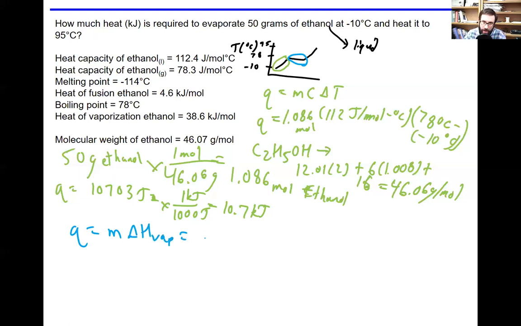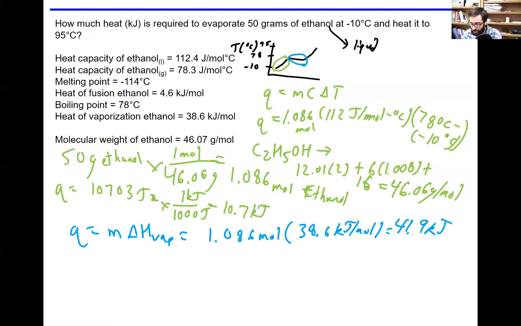Our mass is now in moles because we're given this all in moles, so 1.086 moles times 38.6 kilojoules per mole. If we do that out, we're going to get 41.9 kilojoules. That's how much heat it takes just to vaporize all that.